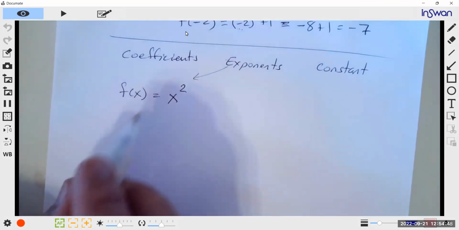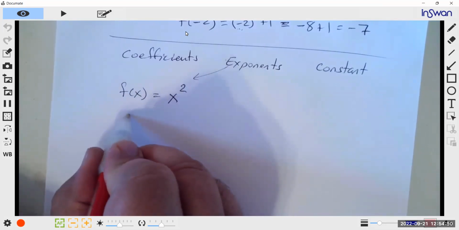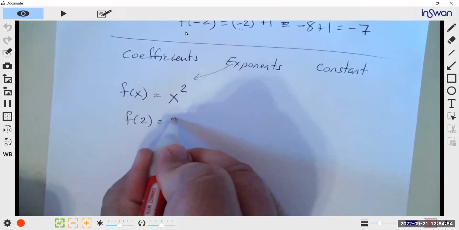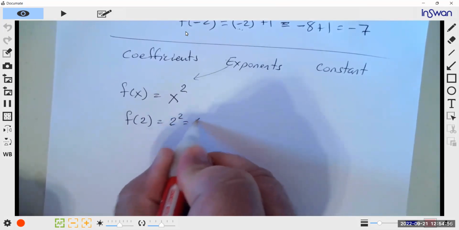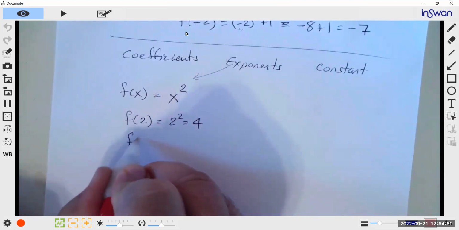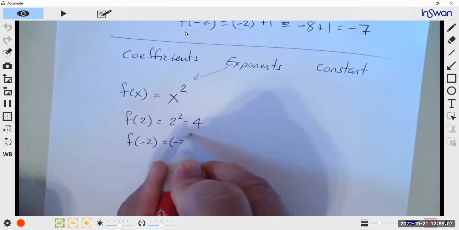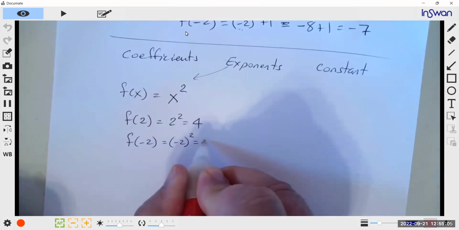If we have an even exponent, what is that? So we have a positive 2, plug that in there. 2 squared equals 4. If we put a negative 2 in there, negative 2 squared is also 4.